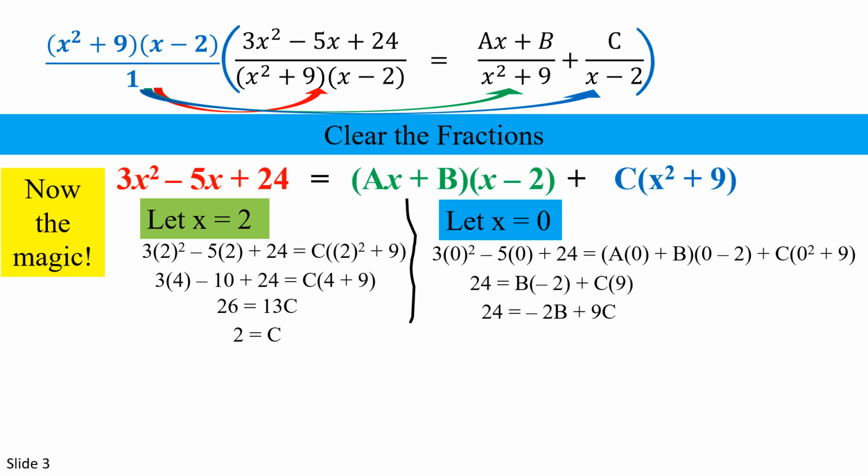Well, we have C from the first one, so if we plug that in, we now get 24 equals negative 2B plus 9 times 2, or 6 is negative 2B, so B is negative 3.